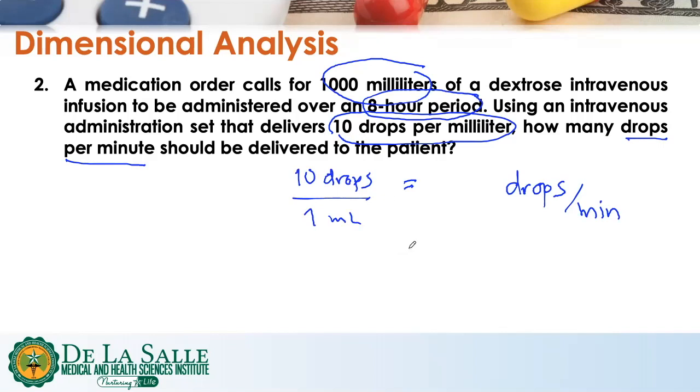Next, in our final quantity, we have minutes, a unit of time, in the denominator. That means any unit of time that we have in our given should be in the denominator as well. And in this case, we have 8 hours.